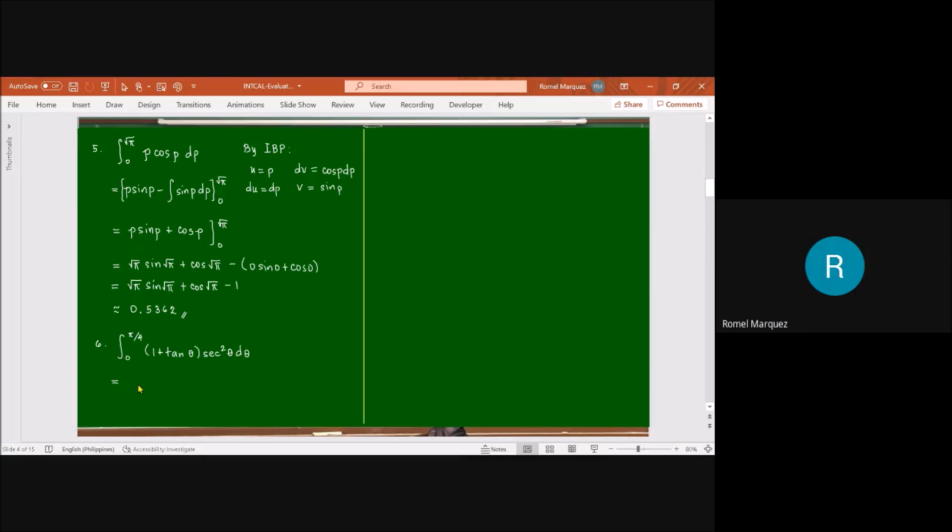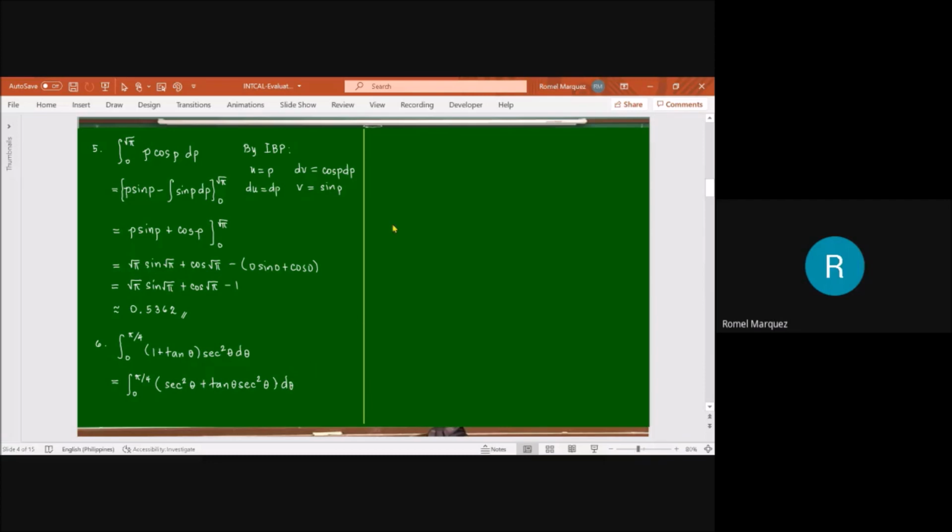Or no comment? Let's have individual. Integral from 0 to pi over 4, then multiply inside secant squared theta plus tangent theta secant squared theta, quantity d theta.